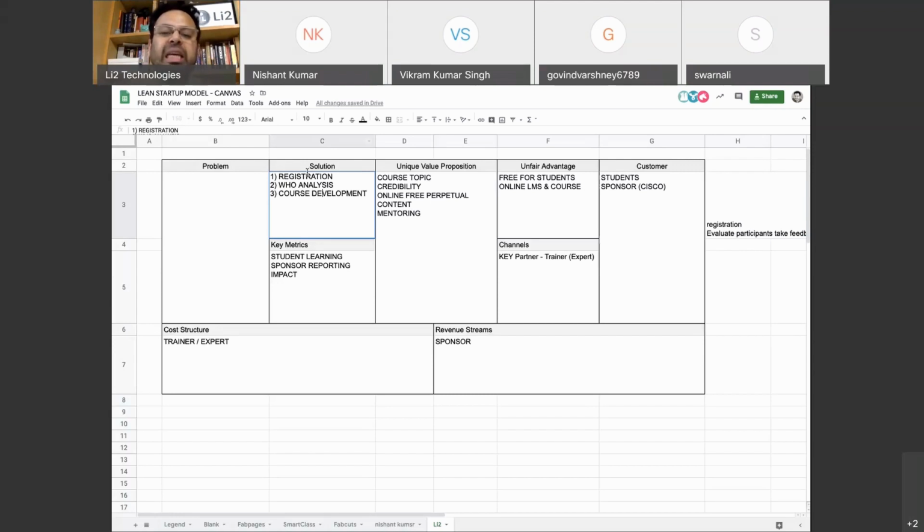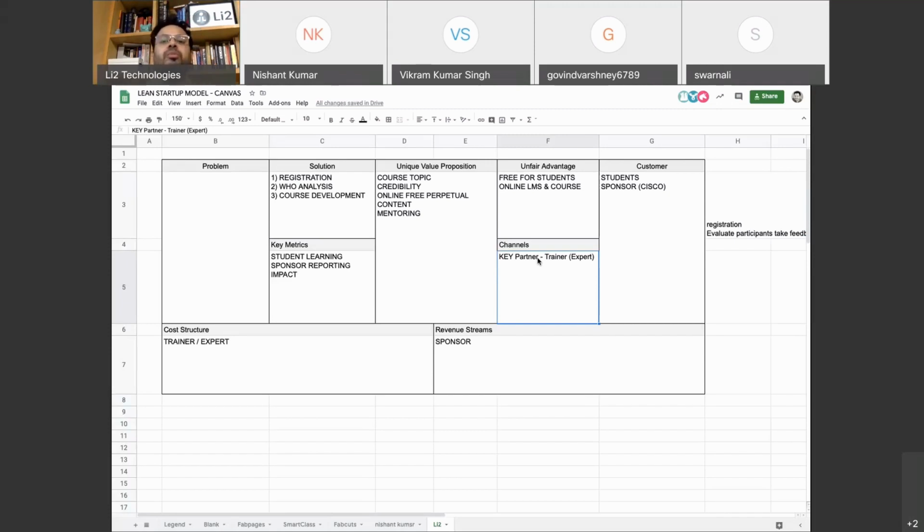For that, the key partner, the most important channel for reaching the end user, is going to be the trainer. We really need to depend on the trainer to develop this content so quickly. So it is very important that we validate and work closely with the key partner, the trainer. This becomes a critical element.